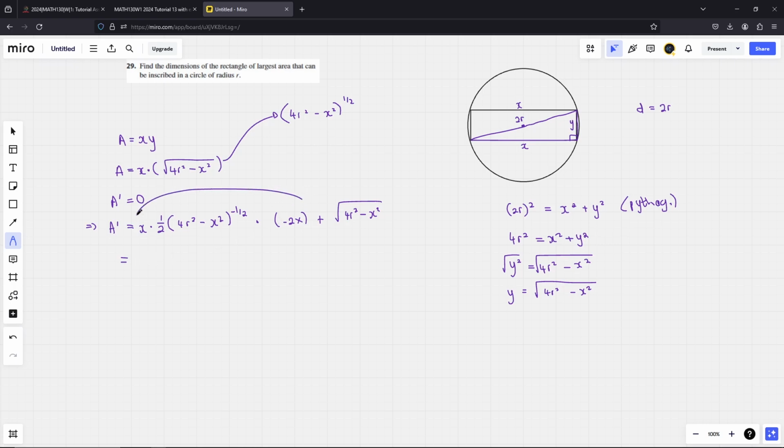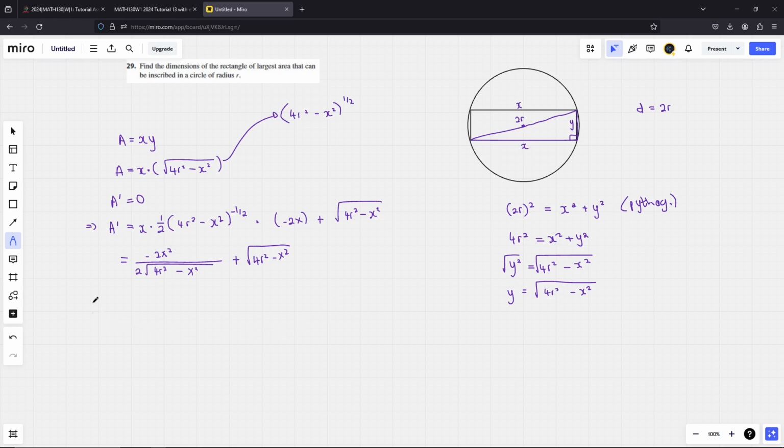Now multiplying all these together, we get minus 2x squared, because we have two x's. And now taking this negative exponent to the denominator, so it's going to be the root of 4r squared minus x squared. So I took it to the bottom and then I used power over root to convert it back. And then let's not forget the plus 4r squared minus x squared.